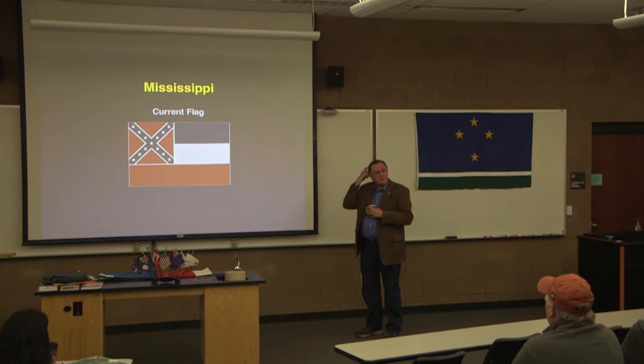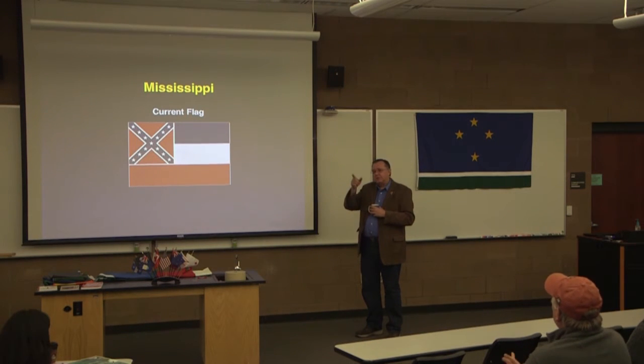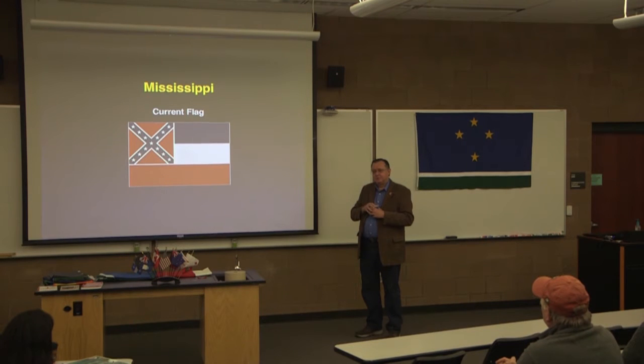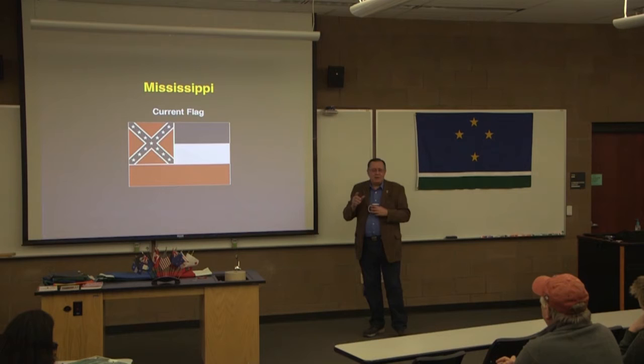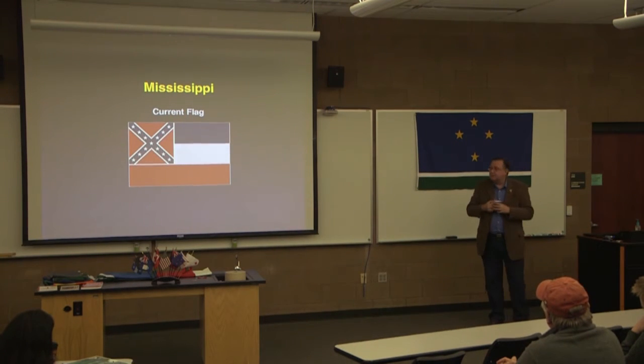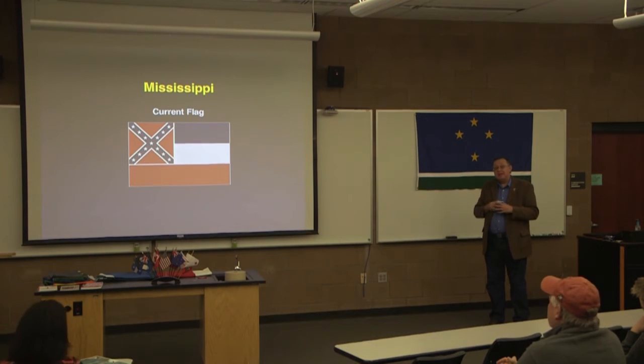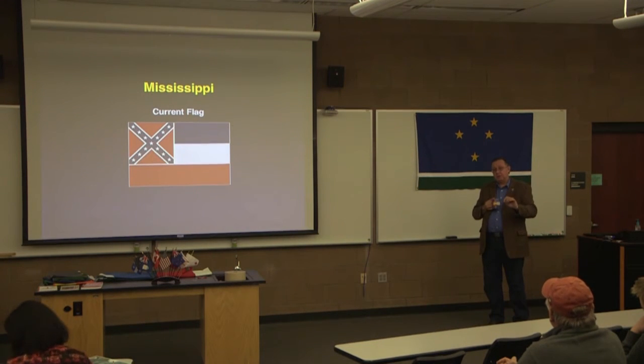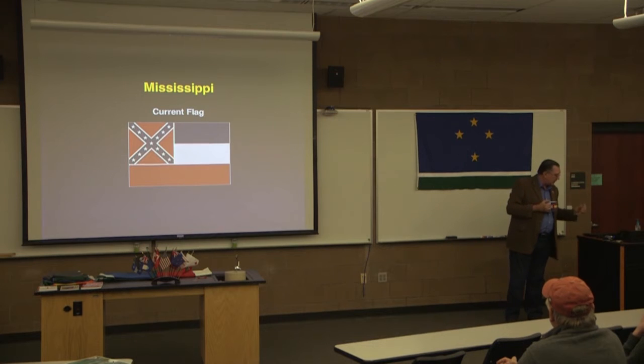Scotland has a blue flag with a white X. Florida looks just like Alabama, except the state seal of Florida is in the middle. So there are all kinds of flags that have similarities. In fact, Georgia originally had the Confederate battle flag in its flag, and a few years ago they finally changed it. I don't have it here. You can Wikipedia it later.